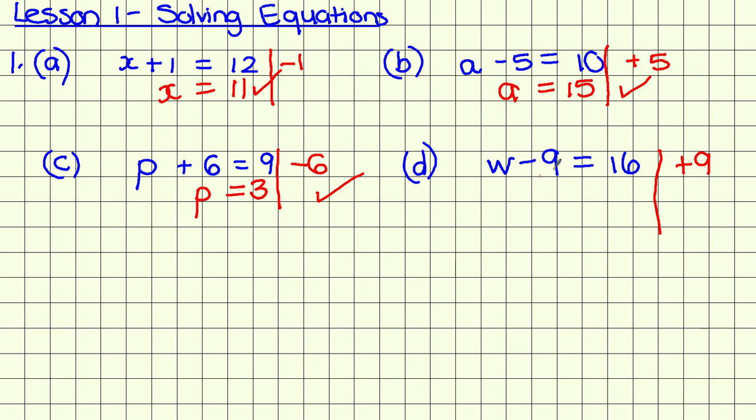So that gets rid of that part. So it leaves you w by itself. And if you add 9 to this, so 16 add 9. So what I would do is I would probably add 10, gives you 26, and then take away 1. So it gives me 25. And that's your answer.